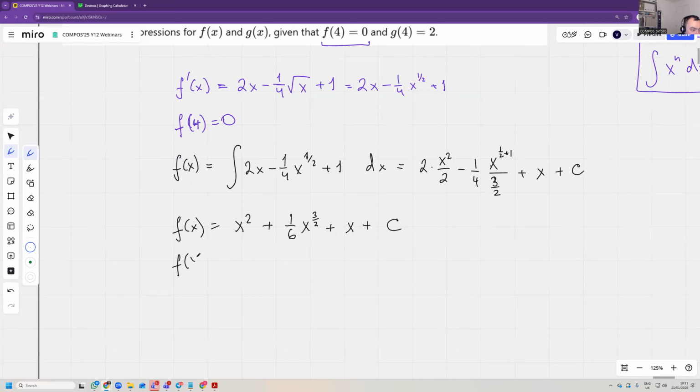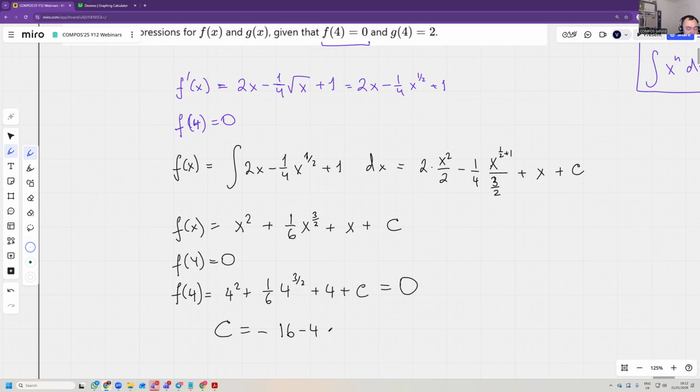Because f of 4 equals 0, we can substitute 4 into this equation, and that becomes 4 squared plus 1/6 times 4 to the power 3 over 2 plus 4 plus c, and that must equal 0.